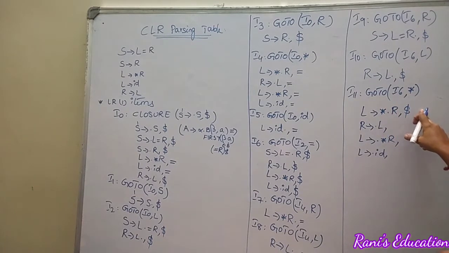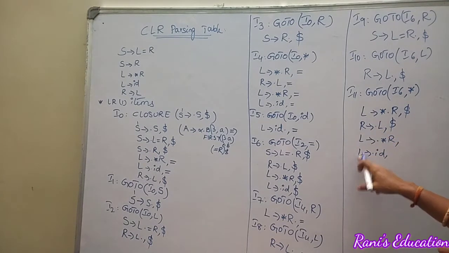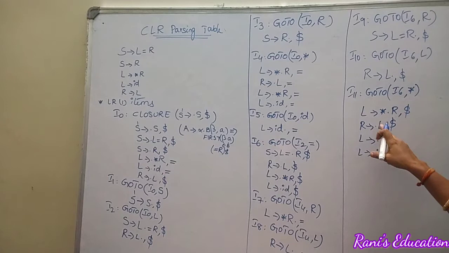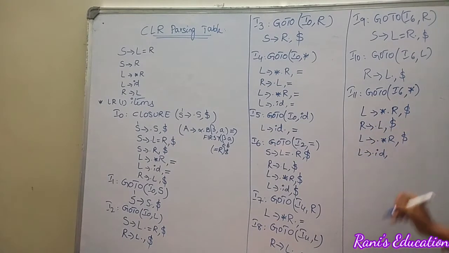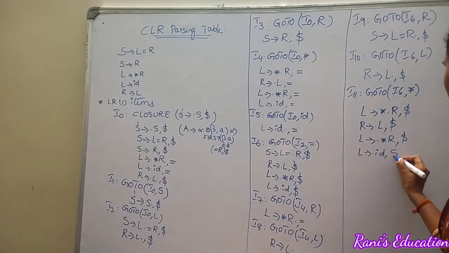So for this first production, here beta is epsilon and a is dollar. So we'll get the look ahead as dollar. So with respect to second production, we have written L productions here. So you are going to apply the rule for this second production. So we'll get the look ahead as dollar. Why? Because beta is epsilon over here. So for this also you will get look ahead is dollar.